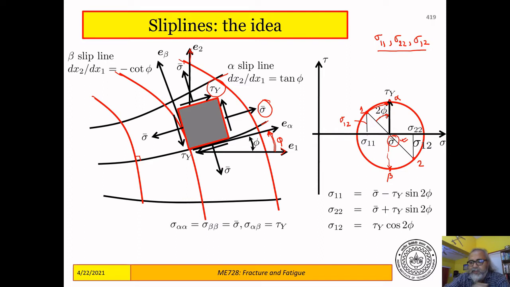So this is the significance of the alpha and beta lines. Along the alpha and beta lines, you have a purely shear state of stress with a superimposed hydrostatic stress.